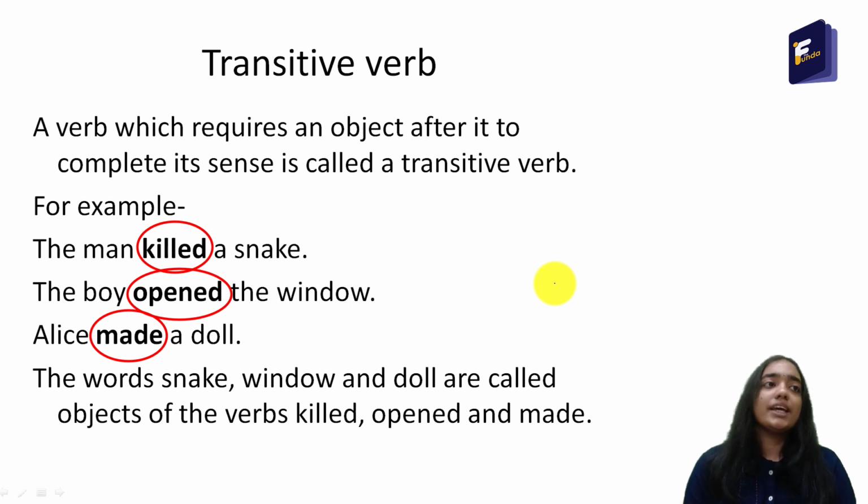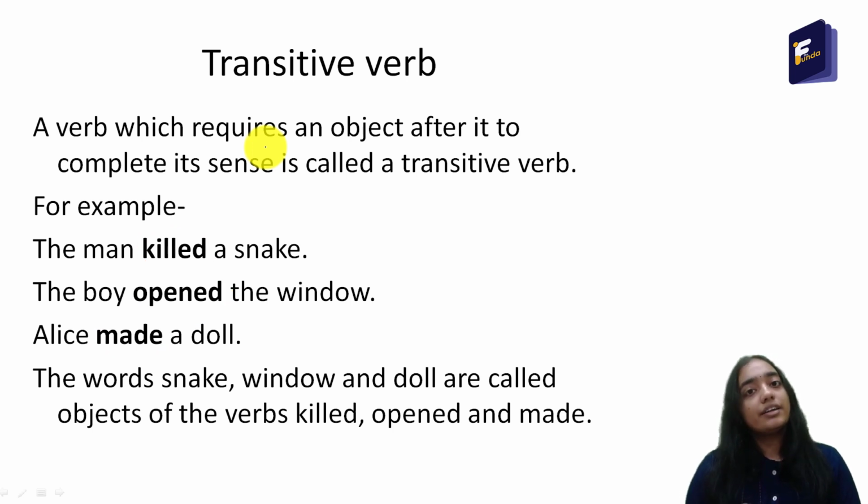So why am I saying that these words are transitive verbs? This is because, just take a look at the first sentence: the man killed a snake. If I only say the man killed, it is not making complete sense. Similarly, if I say the boy opened or Alice made, I need something after that word, that is the verb.